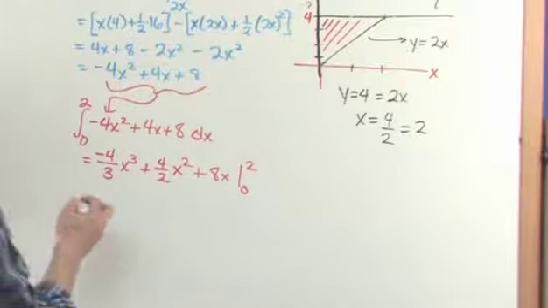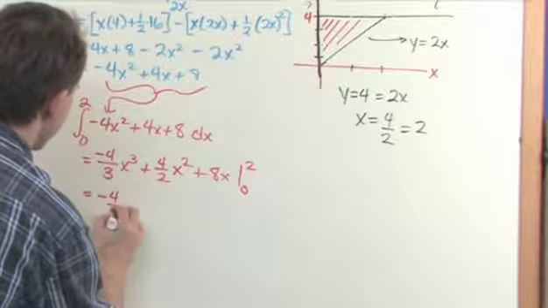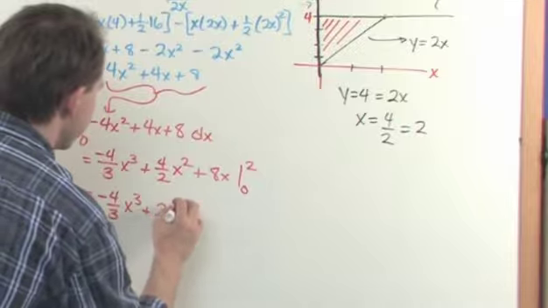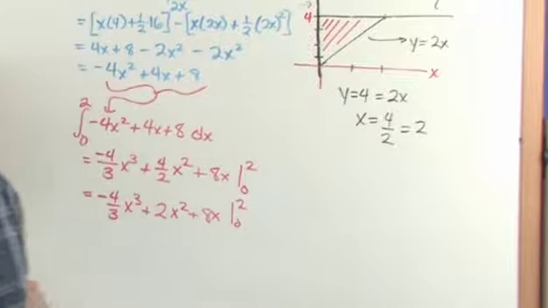Let me just do one quick simplification here: negative 4/3 x cubed plus 2, since 4 over 2 is 2, x squared plus 8x, evaluated from 0 to 2.